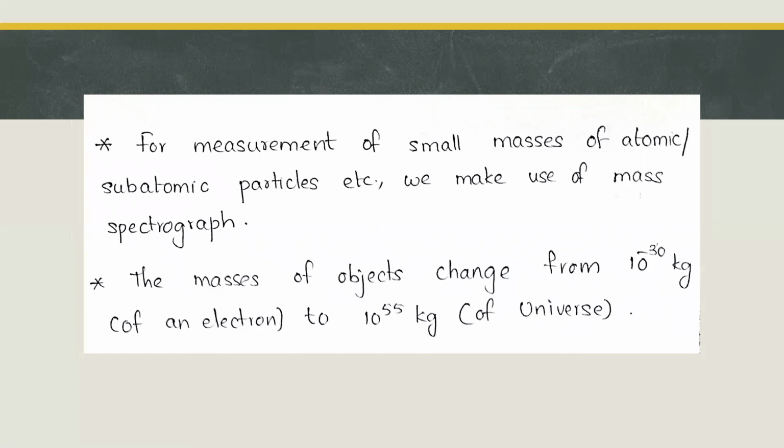The electron mass will be of the order of 10 to the power of minus 30 kg. And the highest mass, the biggest thing, is the universe. That mass will be around 10 to the power of 55 kg. Therefore, the range of masses is from 10 to the power of minus 30 kg, that of an electron, to 10 to the power of 55 kg, that of the universe.